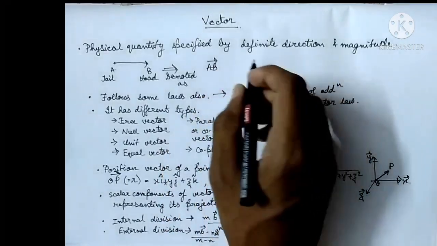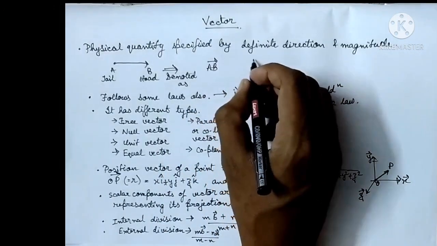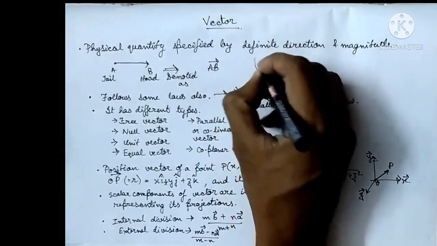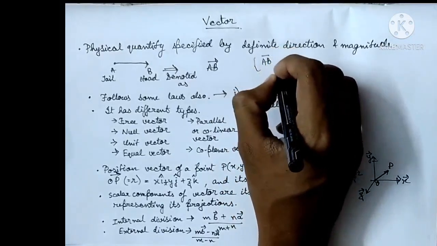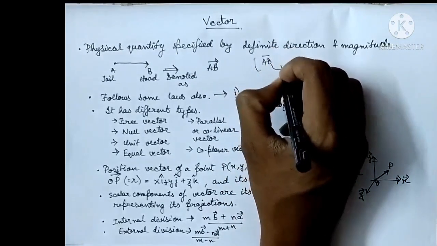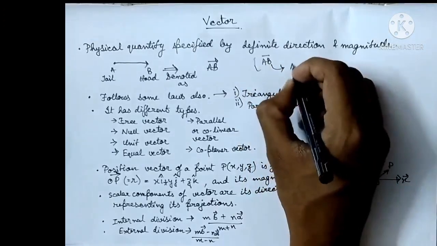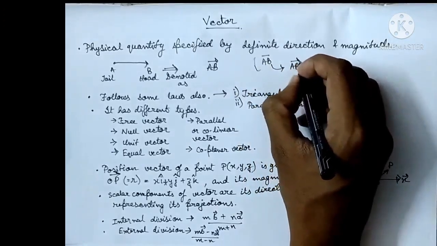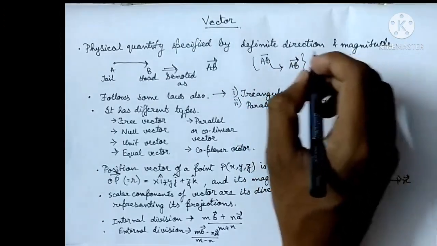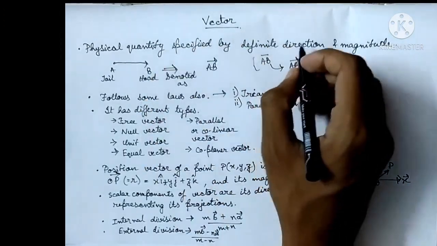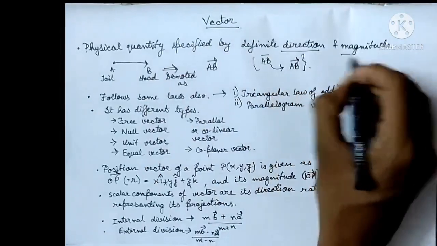Generally we write a line segment as this, but when it becomes a vector we write it as AB vector, with an arrow on it. Mainly we need to know that it must have a direction and also a magnitude.